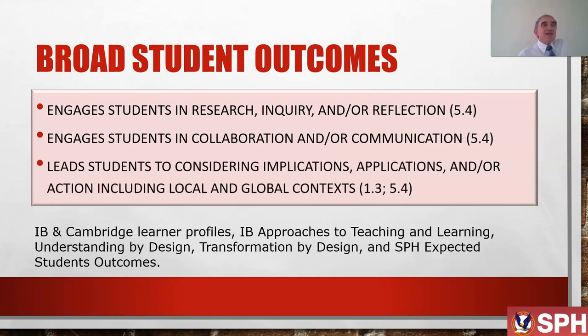And then lastly, do we see students considering implications, applications, coming up with actions that they can take? And we know that IB particularly refers to both local and global contexts. A good resource here, I think, is at Calvin College.